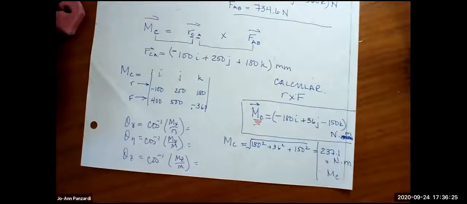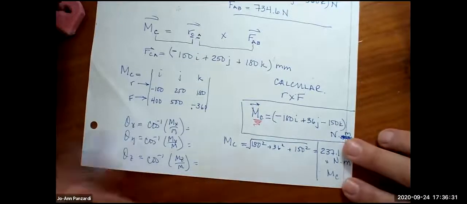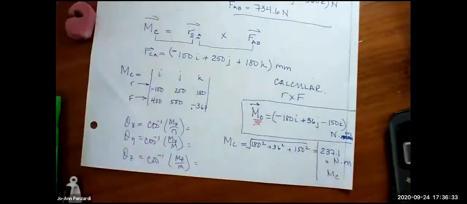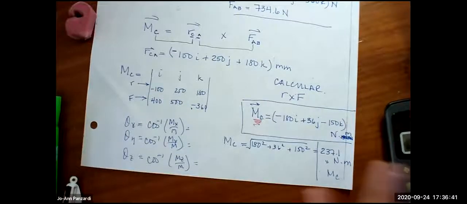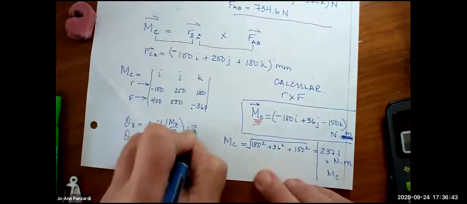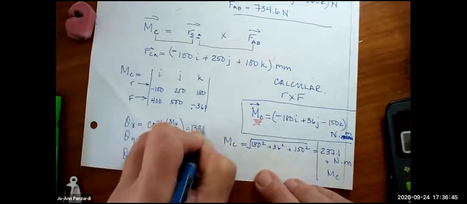Yeah, I thought I did the problem, but maybe I didn't. I can't find it. What is it? Negative 180 divided by 237.1 equals inverse cosine, 139.4 degrees.